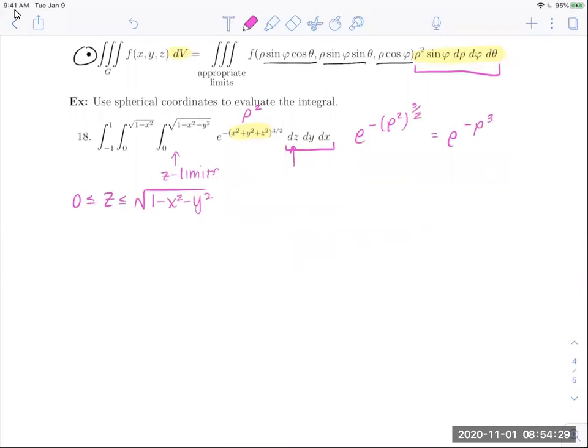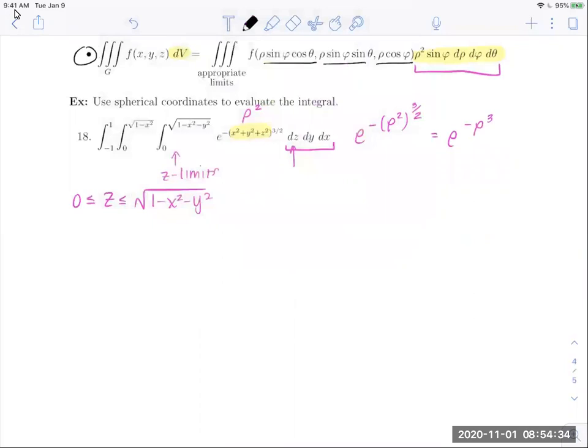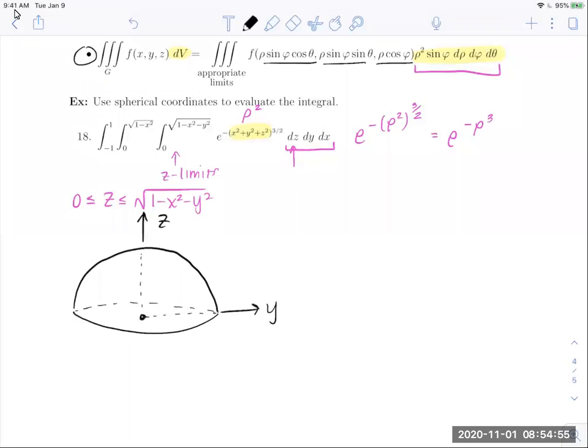So let's go ahead and just sketch that. All right, so here's my upper hemisphere that's given by the z limits.